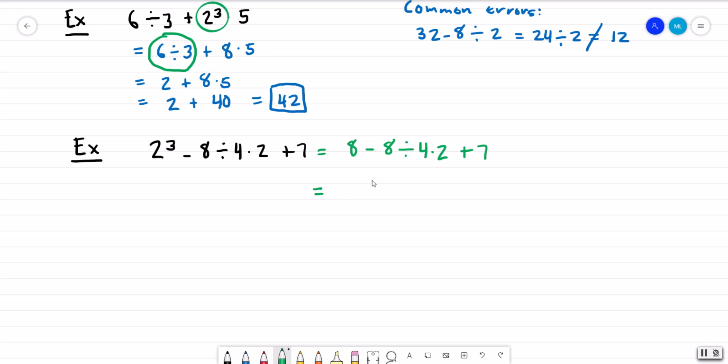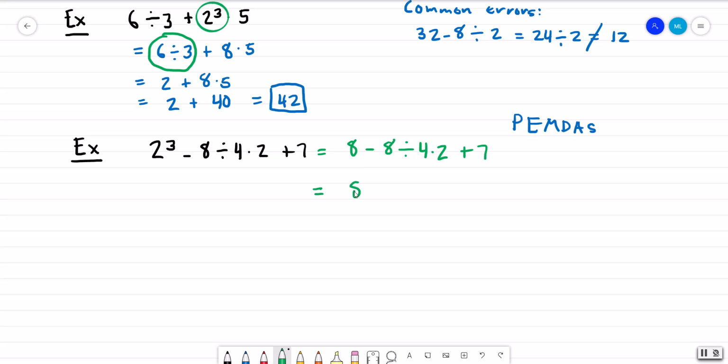Now we have to move from left to right, because looking at the operations according to our PEMDAS, we have that the division actually comes first, so we have to do that first.